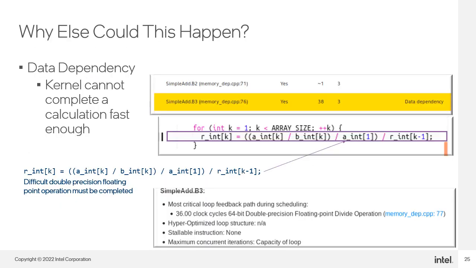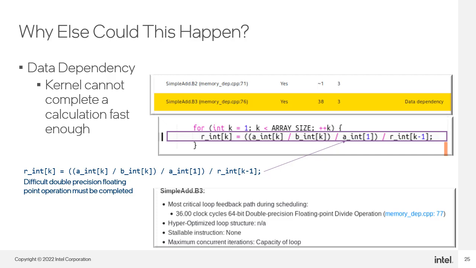Another reason why II can be very high is due to data dependency. This means that the kernel cannot complete a calculation fast enough. The report we have here shows an II of 38, which is also a high II compared to II equals 1 for best performance. The details section has it that data dependency is responsible for this.